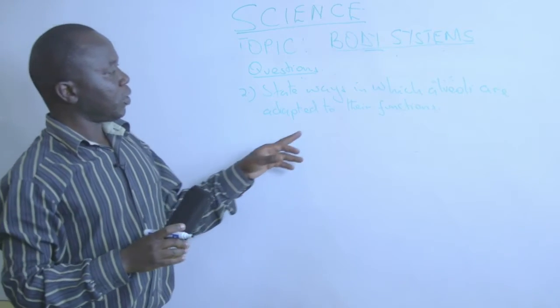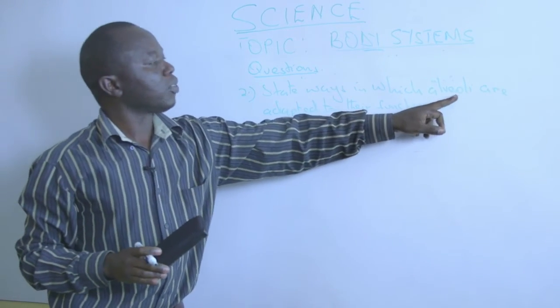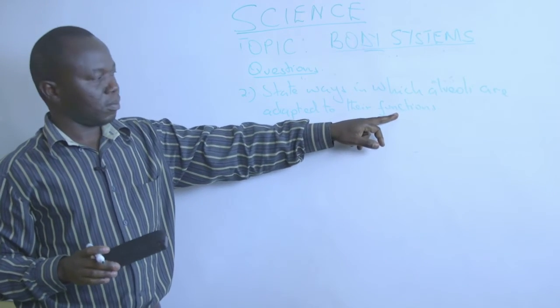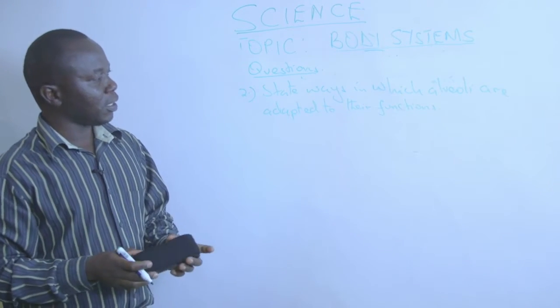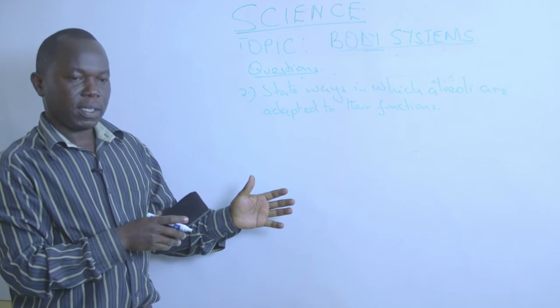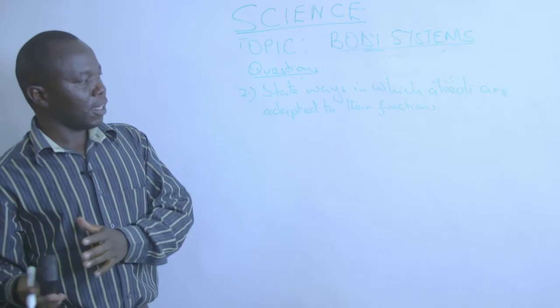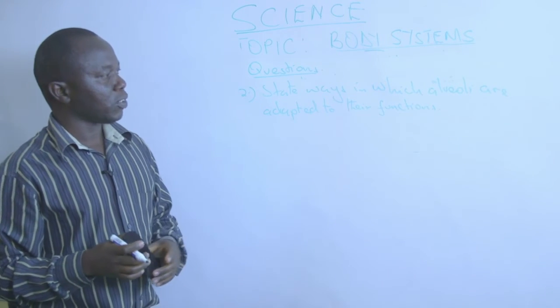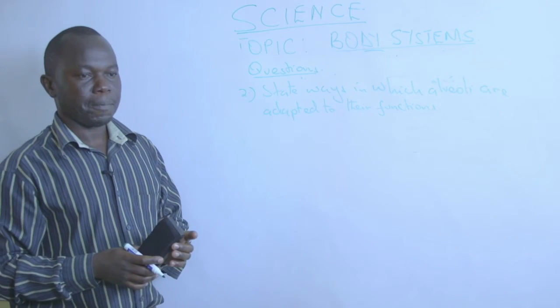So the question requires you to find out what are the structures in the alveoli that make it perform the major role of acting as a site for gaseous exchange. So we mention the structure and then give the modification and the function of that structure in the alveoli.